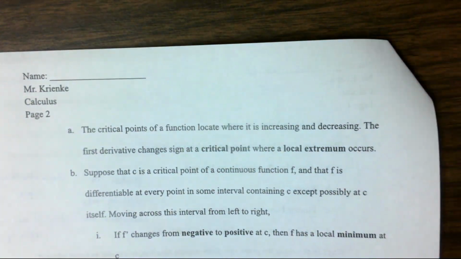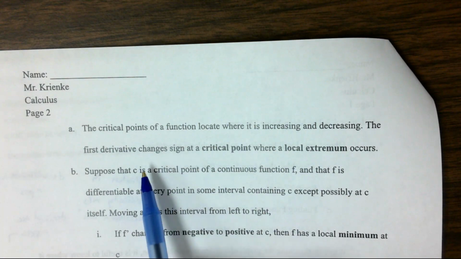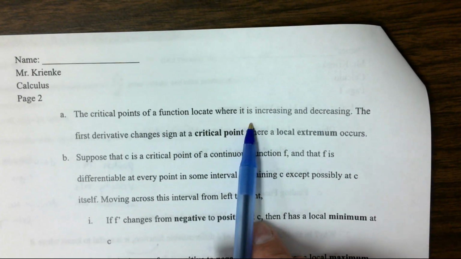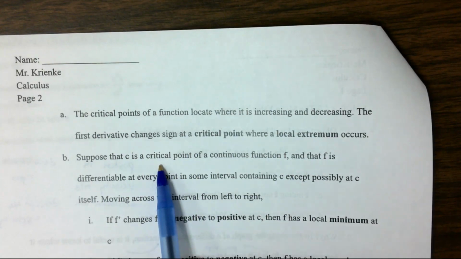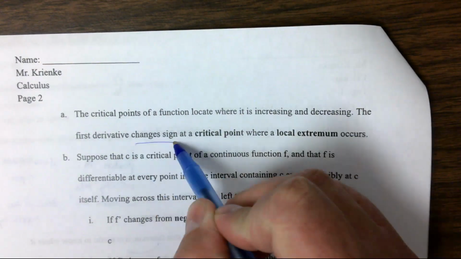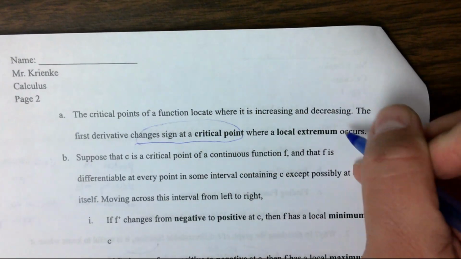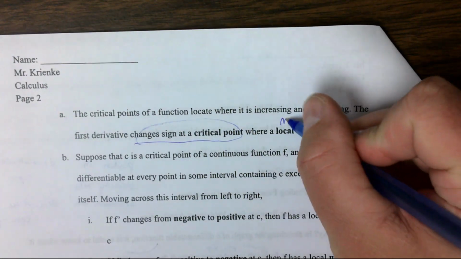Okay, so for the first derivative test, it tells you that the critical points locate where it's increasing and decreasing. The first derivative changes sign at a critical point where the extreme occurs, which was where it's the max or the min.